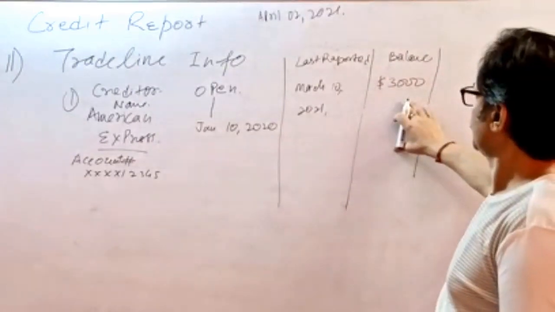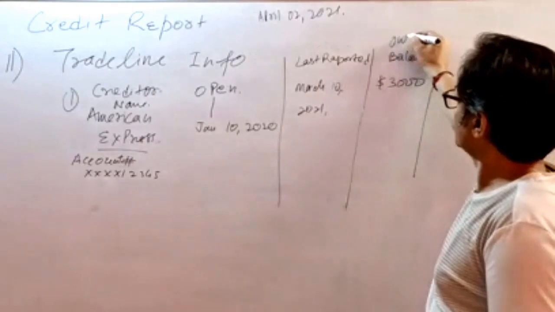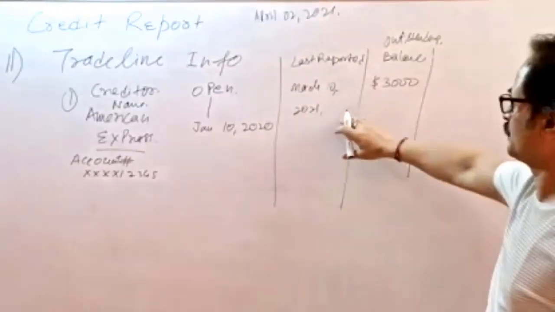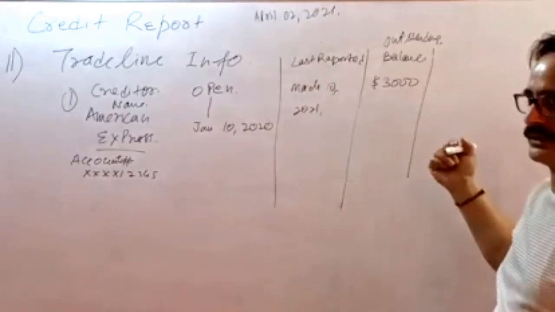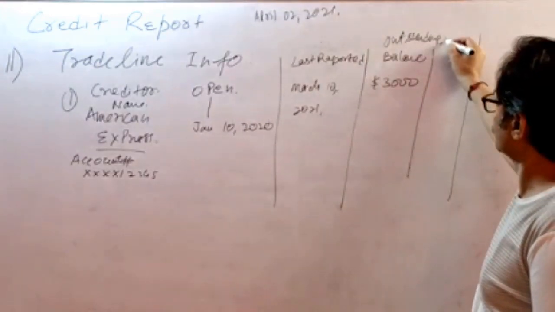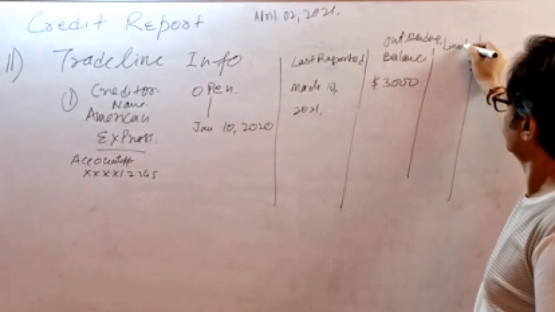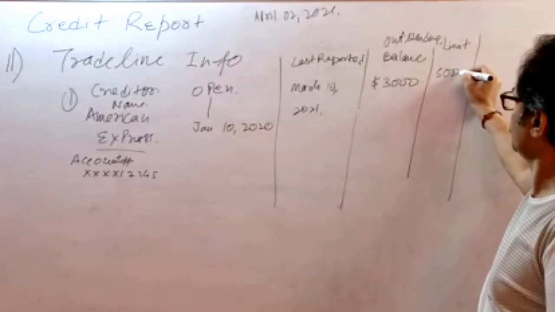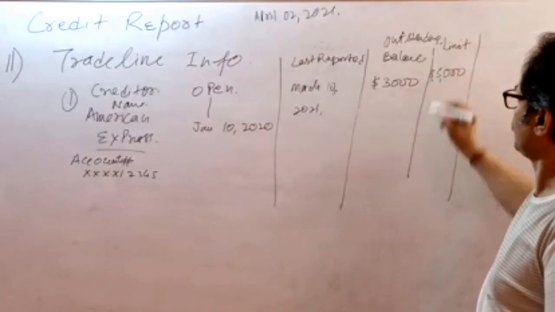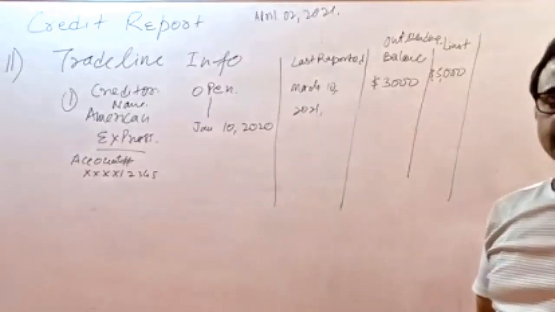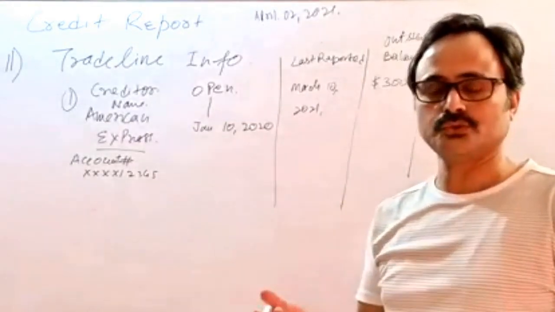The outstanding balance, this is how they are reporting it, this is what I'm trying to tell you. And it's a credit card, so there could be a limit. The highest limit could be 5,000 that has been given, meaning they can shop till $5,000, but they only have a balance of 2,000, so they can still shop for 2,000 more.